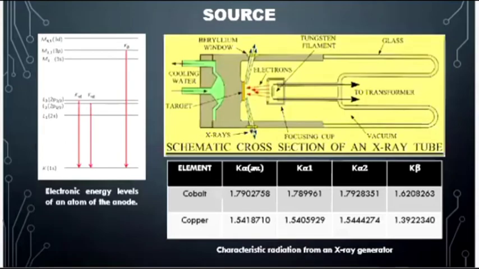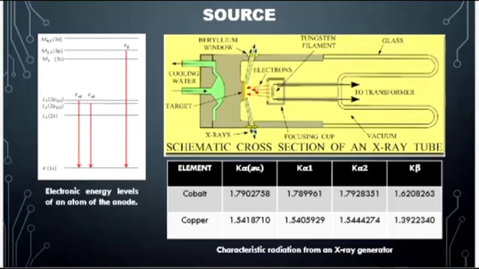The X-ray tube is used as the source of the XRD. This is a ceramic or glass container that has a tungsten filament that acts as a cathode. The cathode filament emits electrons, which then pass through a series of nuclear cores that accelerate them. This causes a white radiation effect.